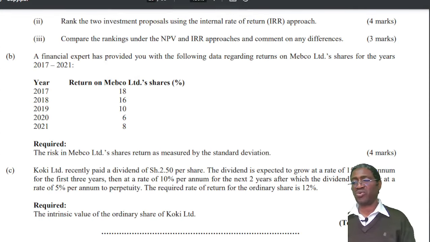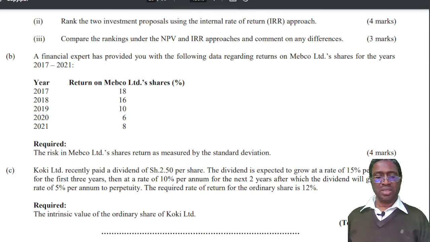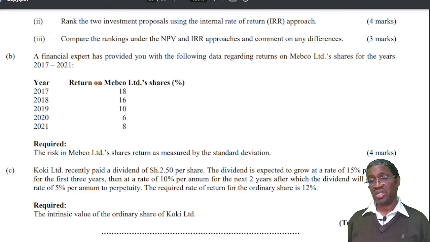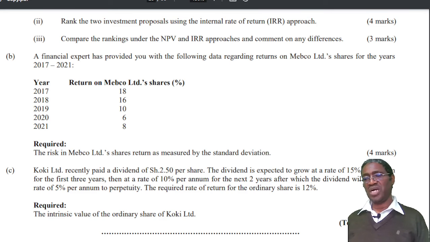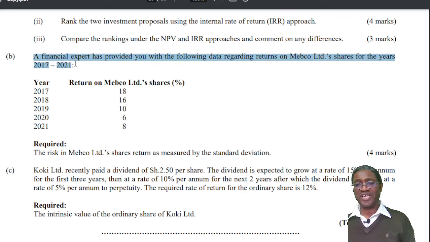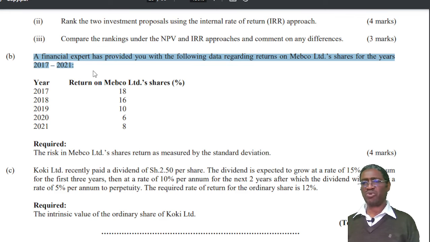Okay, I've projected a question there. That question B came in August 2022. I want to read it. It says, August 2022, question 5B. The financial expert has provided you with the following data regarding returns of company shares for the years 2017 to 2021.